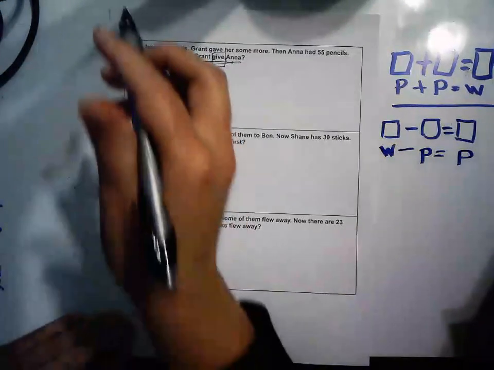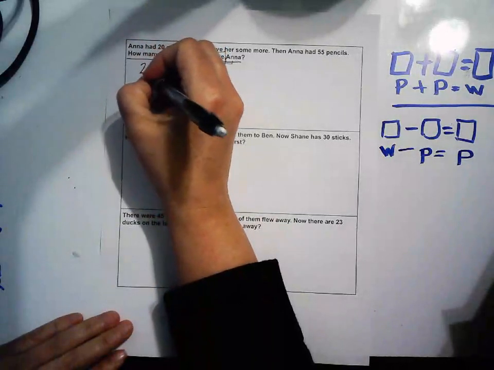So now I'm going to go back to the first sentence. It says Anna had 20 pencils. Okay, so that's my first data. Anna has 20 pencils. The second sentence says Grant gave her some more.